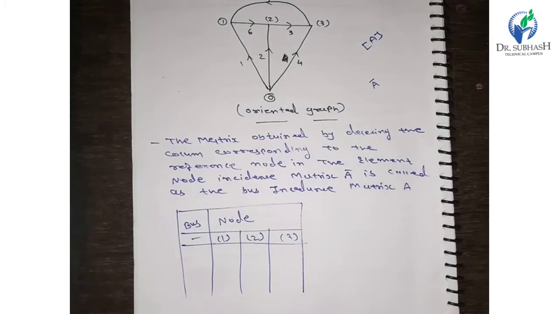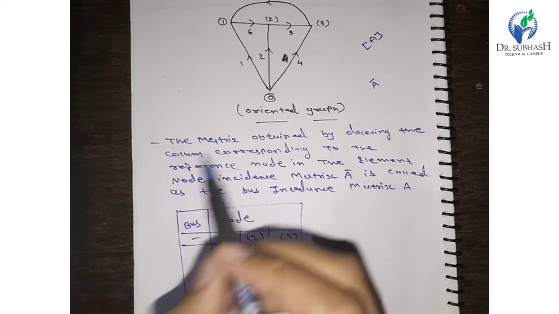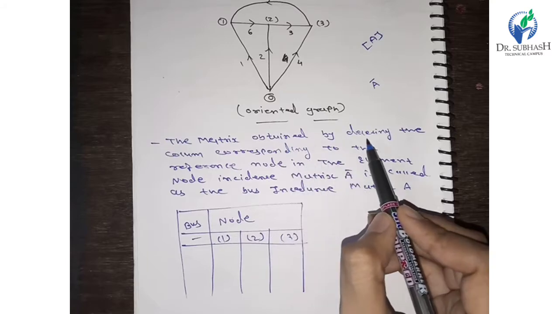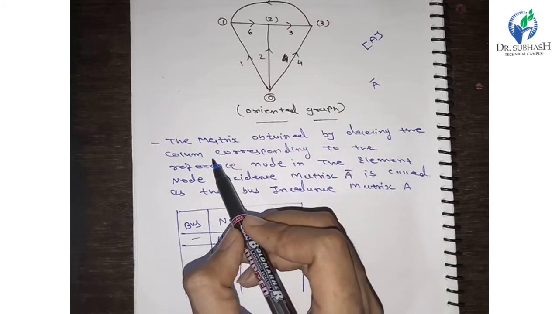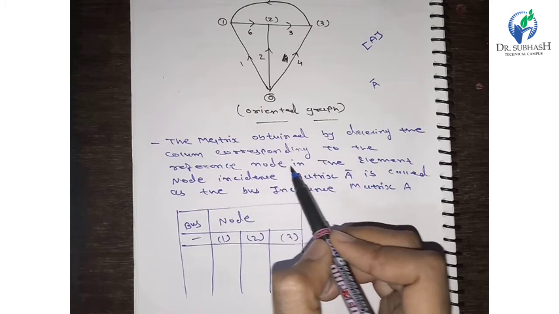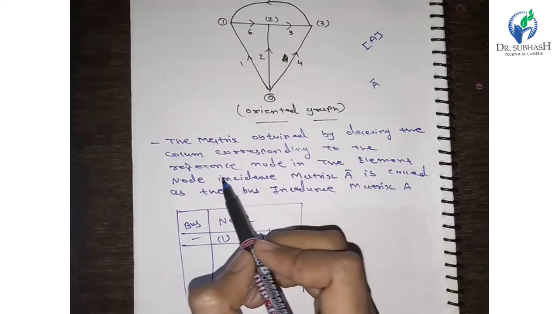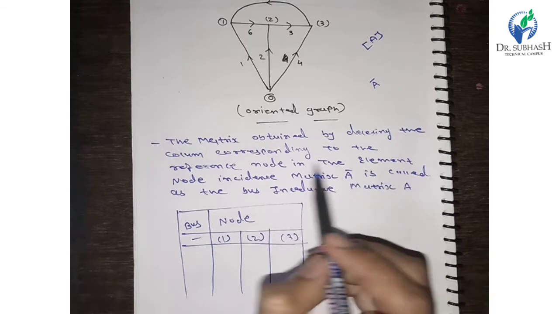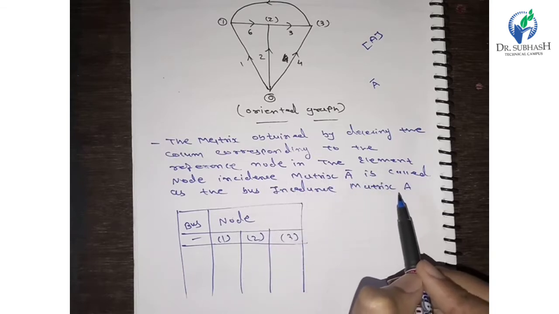Here is the definition: the matrix obtained by deleting the column corresponding to the reference node in the element-node incidence matrix A bar is called the bus incidence matrix.